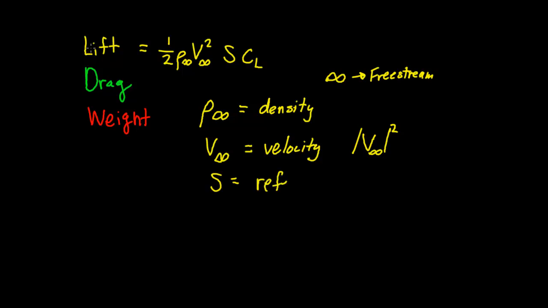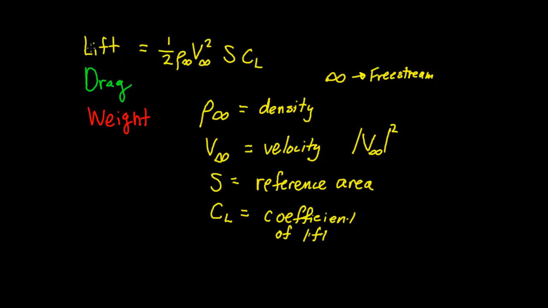And you might be saying, okay, what is that exactly? Well, reference area actually changes meaning depending on what situation you're talking about. And it depends quite a bit on what the coefficient of lift is. So here's the coefficient of lift.